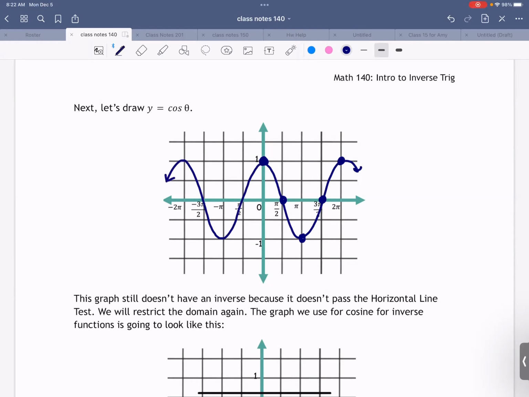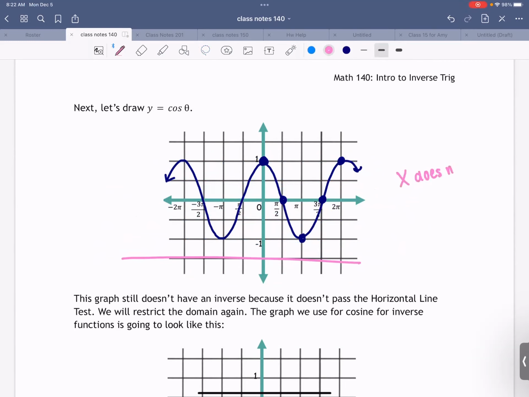To find out if a function has an inverse, we have to pass the horizontal line test. Does this function pass the horizontal line test? No, it doesn't. If I take a horizontal line and move it up and down on my function, it's going to touch the function a bunch of times. It actually touches the function an infinite amount of times. So this definitely does not pass the horizontal line test.